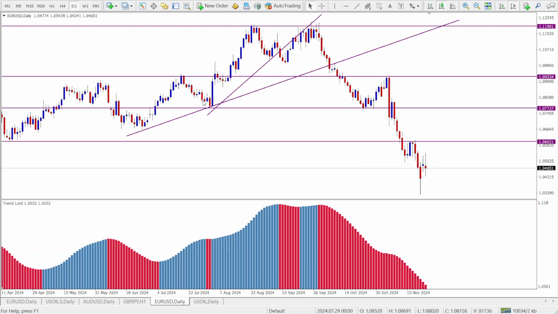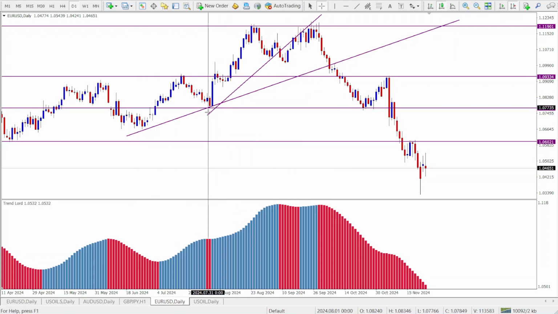Whenever you find the indicator present a blue bar in a bullish trend, you can go ahead and enter a buy, especially if the signal came when the price is around a support zone. For example, you can see that this trend line came really handy.